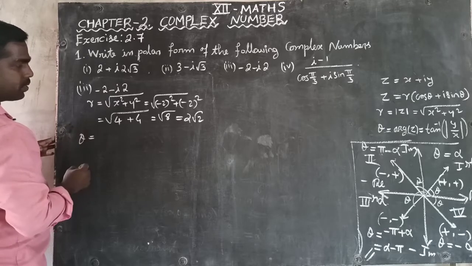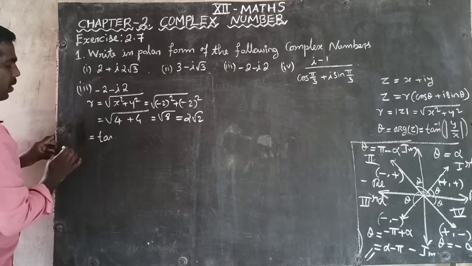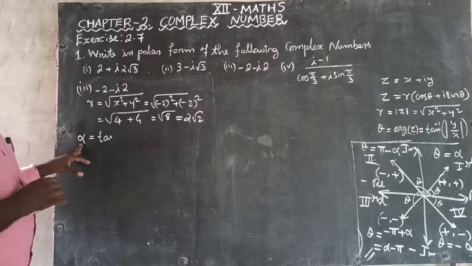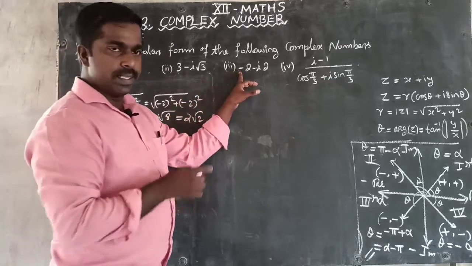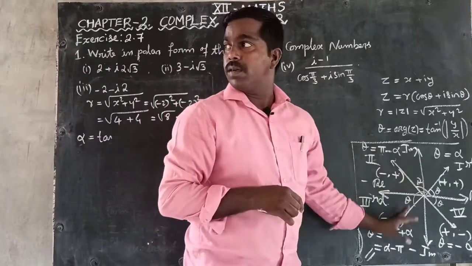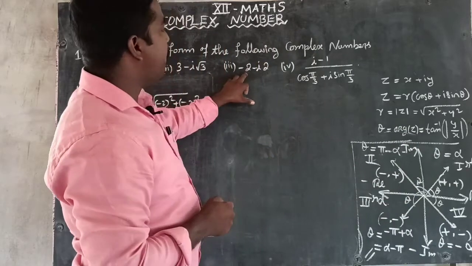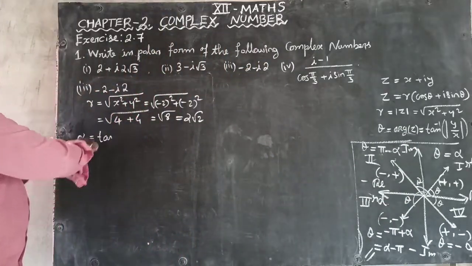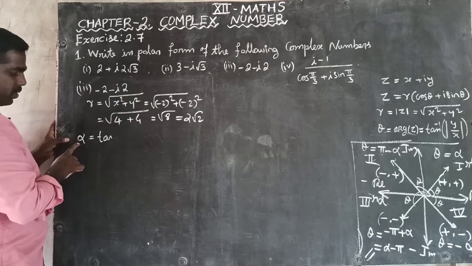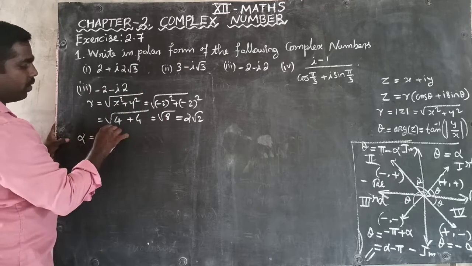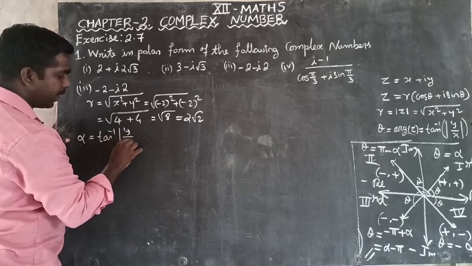So the theta is equal to the formula. First we have to take alpha, the angle value alpha. We have to conclude this point in the first or second or third quadrant. So after finalizing the quadrant, then we can substitute the value theta is equal to the formula. So first I am going to take alpha. So alpha equal to tan inverse of the formula is modulus of y by x.